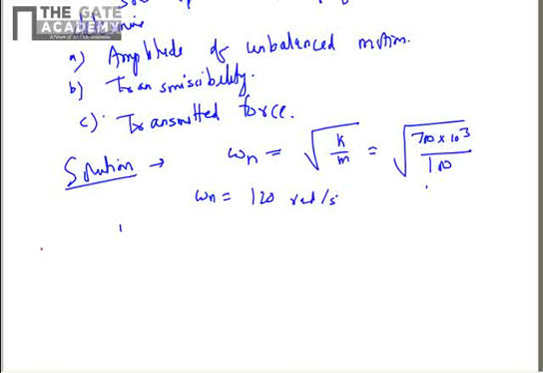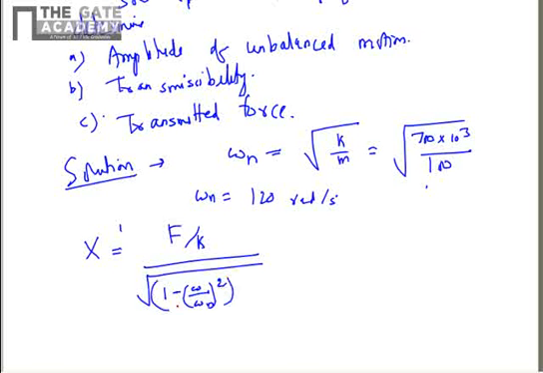Then you have the formula for x, the maximum displacement under the vibrating load, that is F by K, divided by the square root of (1 minus omega by omega n, whole square) whole square plus (2 zeta omega by omega n) whole square. So F by K is nothing but xs.